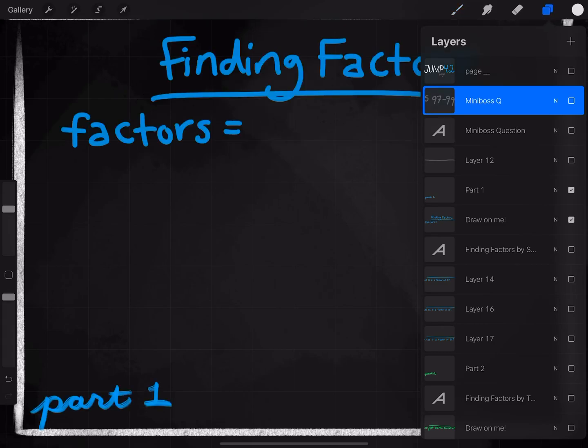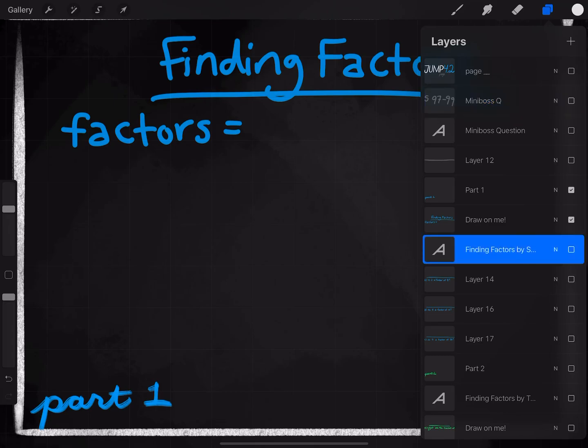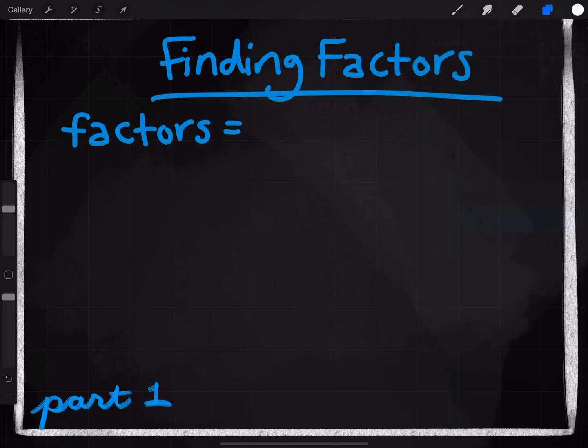Alright, so part 1. We want to find factors. Here we go. So just as a review, what are factors? They are numbers.